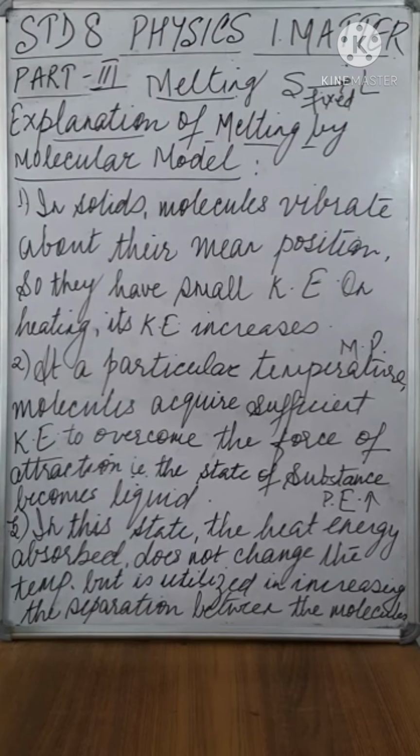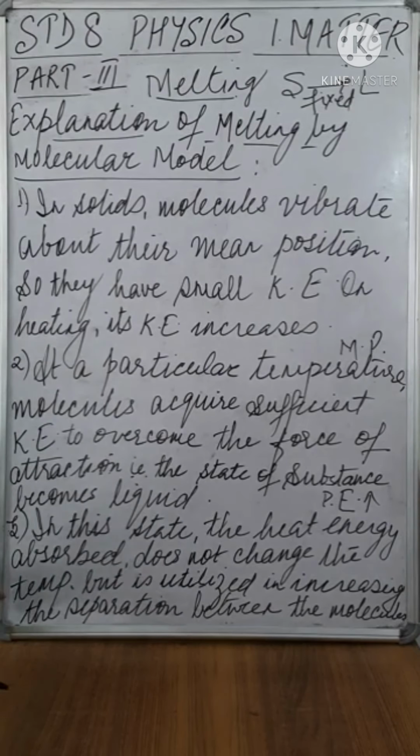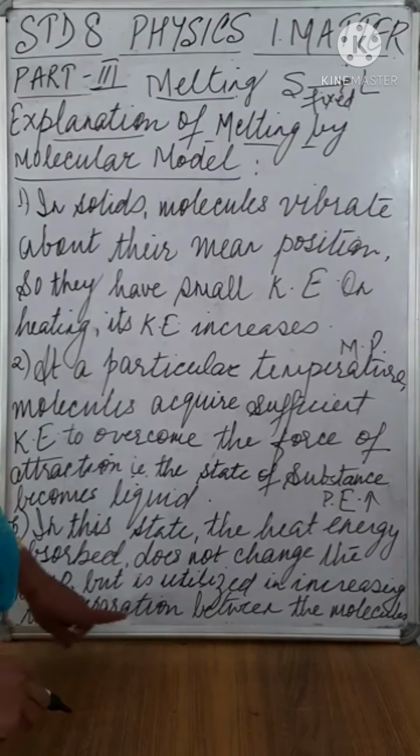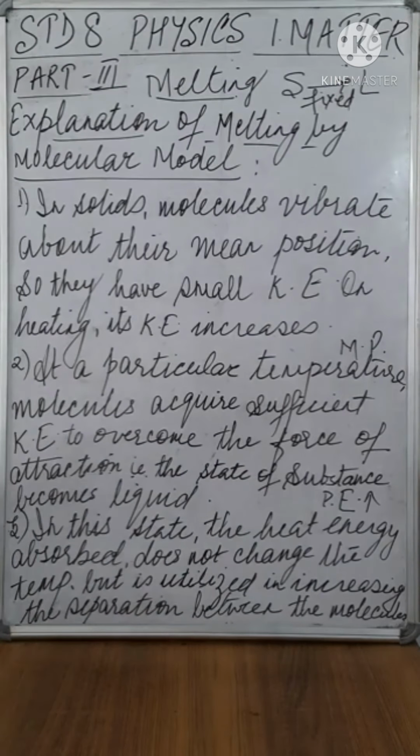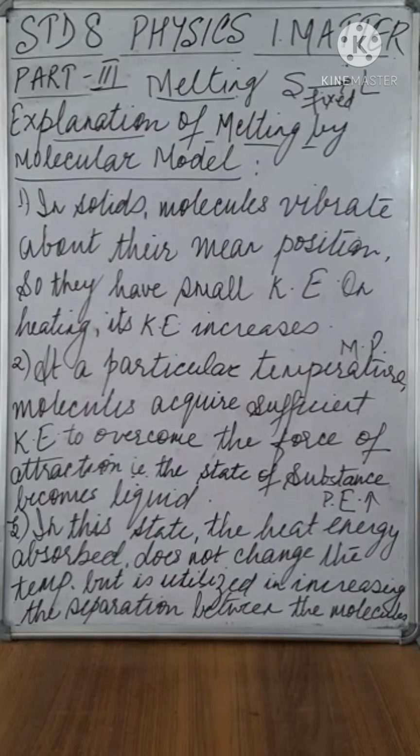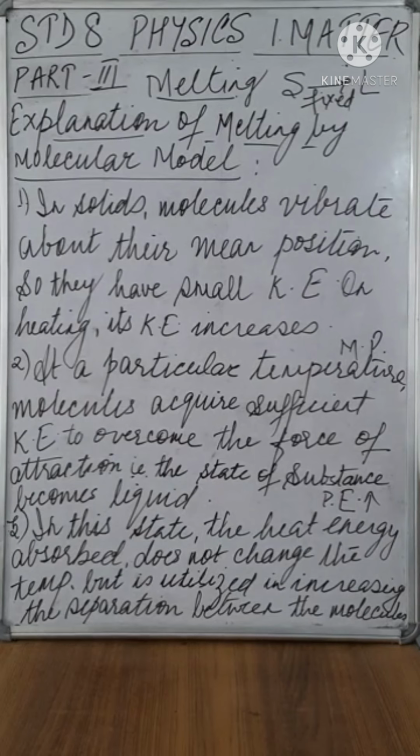In the melting of wax, it remains at 55 degrees Celsius. The temperature does not rise during a particular period of time. So that increases the separation between the molecules, that is, the potential energy of the molecules increases. This is the explanation of melting by molecular model.